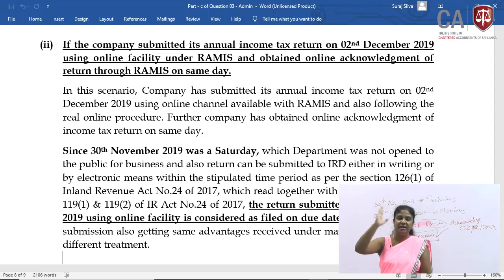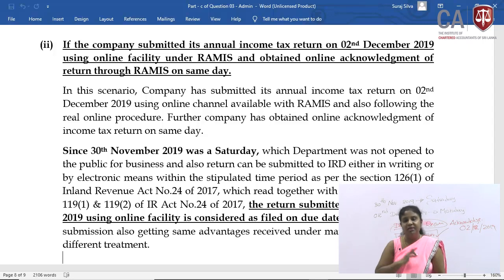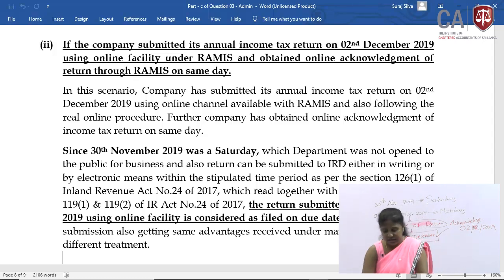One part is the manual submission on 2nd December, the second part is the electronic submission on 2nd December. Both are considered as a return filed on the due date. Online return submission also gets the same advantage received under the manual process, without different treatment. I think it is very clearly explained to you.